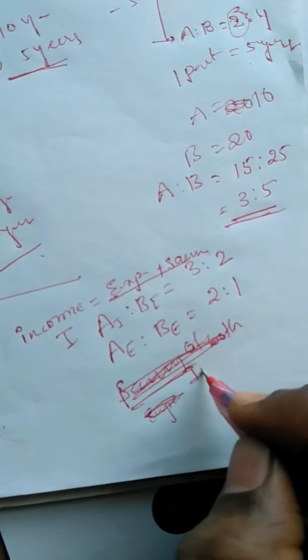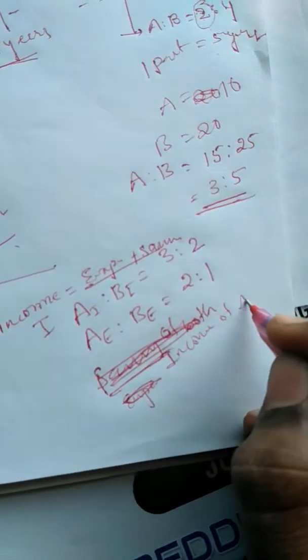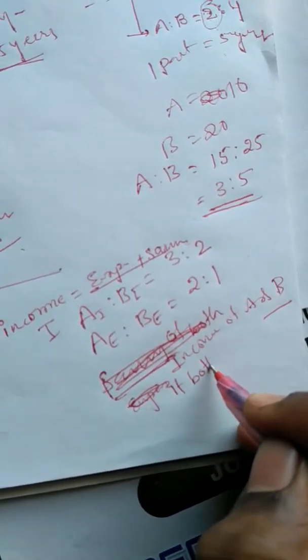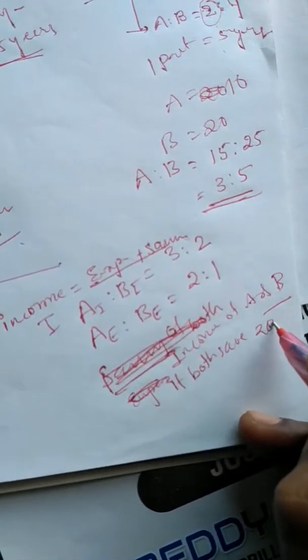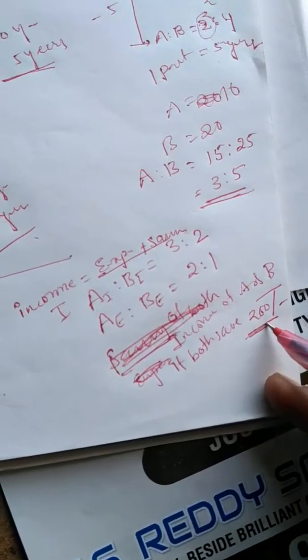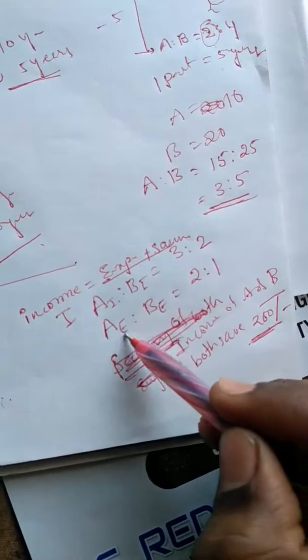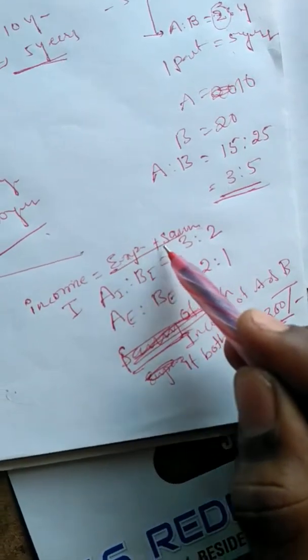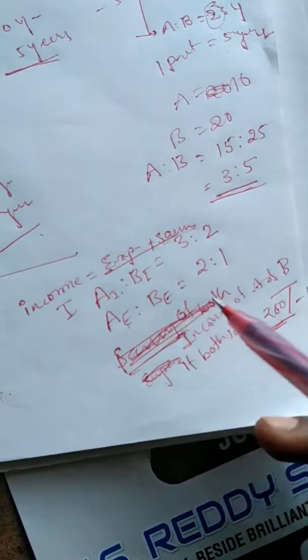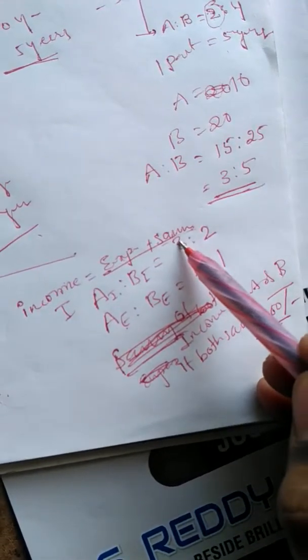So what are the incomes of A and B if both save 200 rupees? Means both are saving 200 rupees. See, income minus expenditure is equal to savings. Means the income minus expenditure gives the savings.